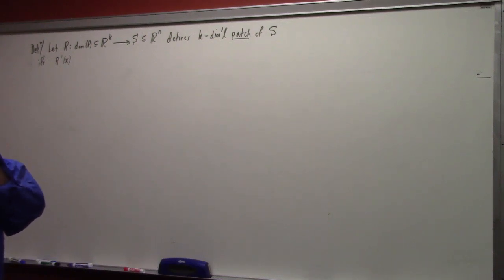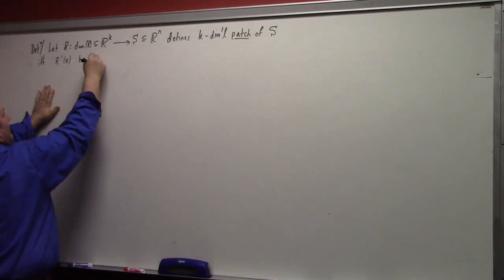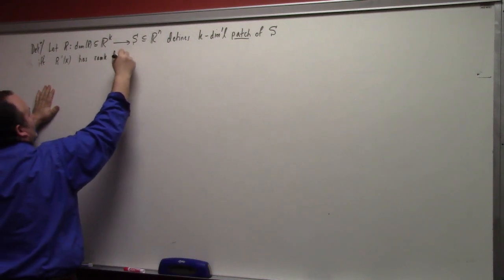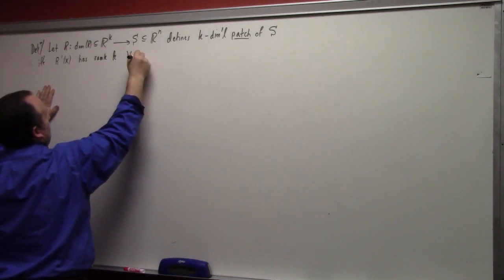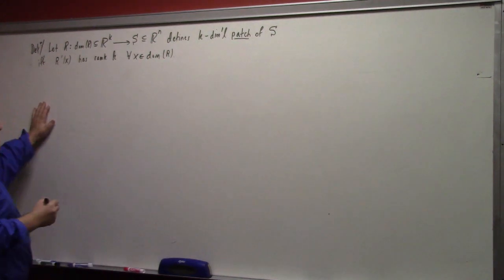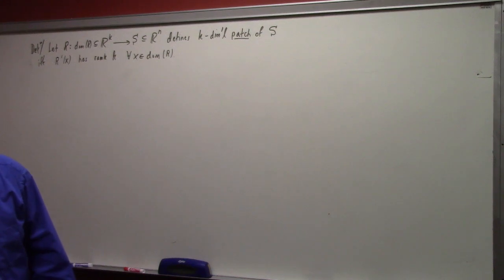If R prime of X has rank k for all X in the domain of R. And we also call S a k-dimensional parametrized subspace of Rn.